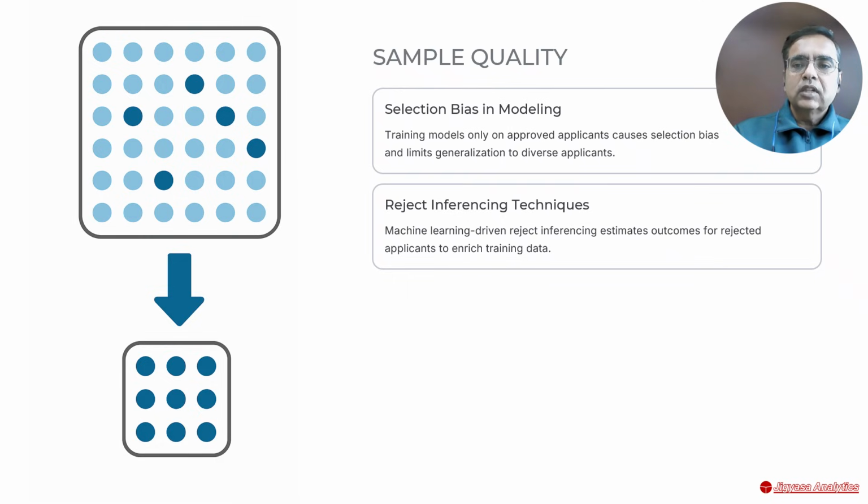There are some statistical techniques, machine learning techniques, and a very popular method is also to go to the bureau and augment the data with bureau performance. So for the people who were not funded, we would go to the bureau and see if we can find comparable performance on loans and for a comparable time period. So these are the approaches we take.